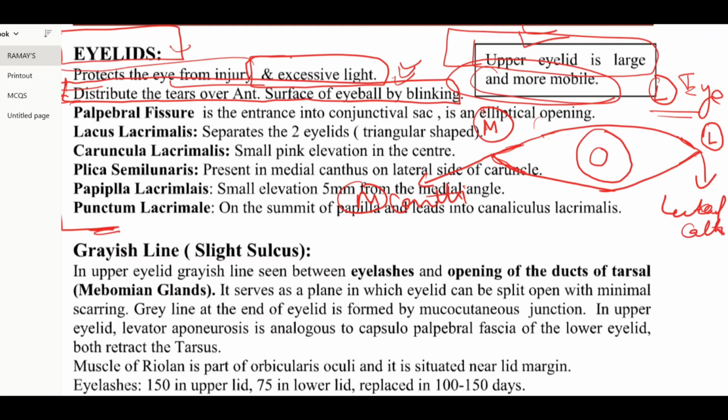A small pink elevation present at the center here is known as the caruncula lacrimalis. Okay, caruncula lacrimalis.